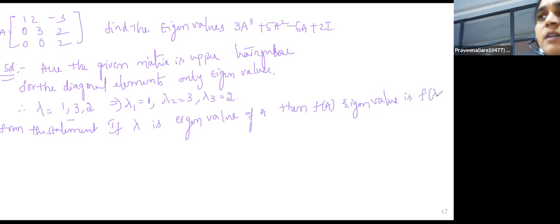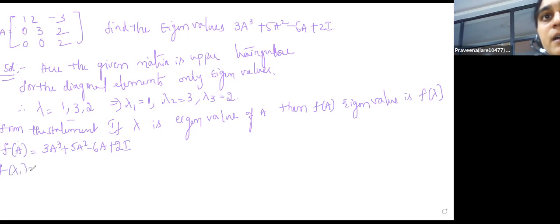The eigenvalue of f of A is f of lambda. For that, what is the given polynomial? Let us take the given polynomial as f of A, that is 3A cube plus 5A square minus 6A plus 2I.